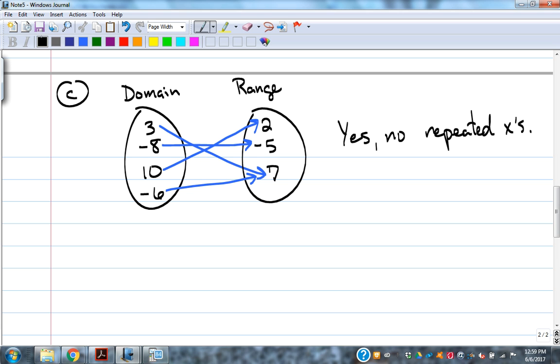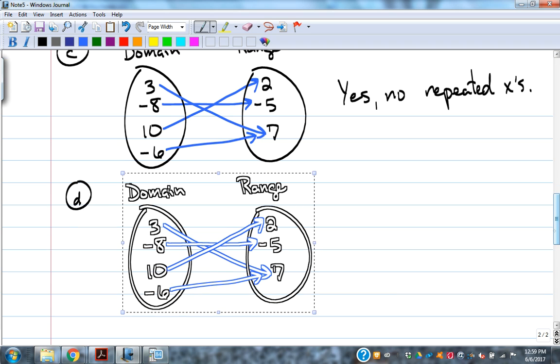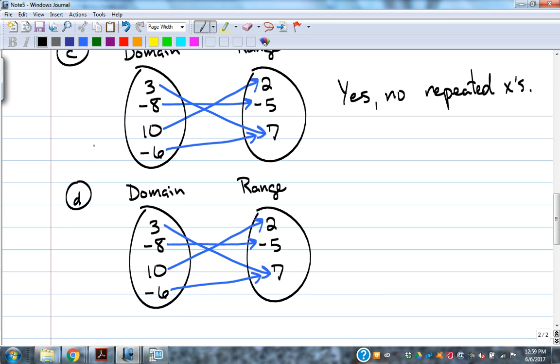Yeah, and that's the key you've got to watch out for, because they're going to repeat x's sometimes and repeat y's. If I just add one more arrow to this, and say, okay, well, I'm going to take the 10 to the 7 as well. Is that a function? No. What x value repeats?